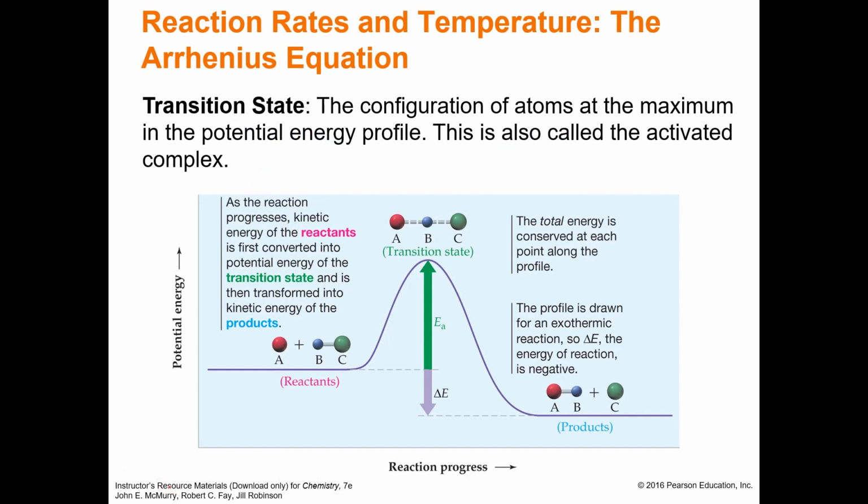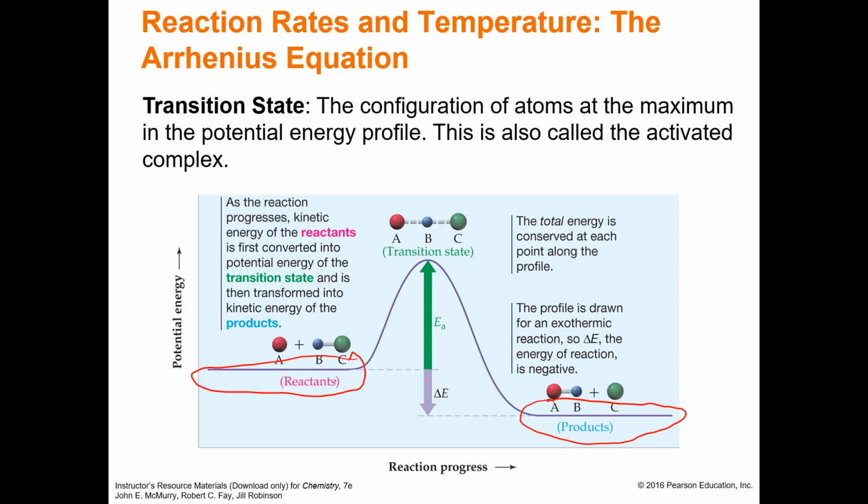When we look at a reaction, our reactants have some amount of energy to start with, and our products have some amount of energy. This reaction is drawn for an exothermic reaction. We released energy, and the products are at a lower energy than the reactants.